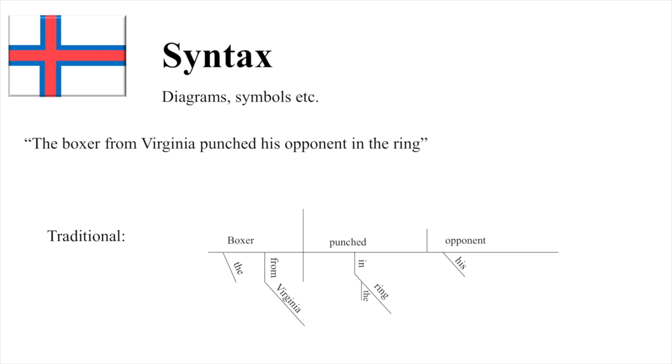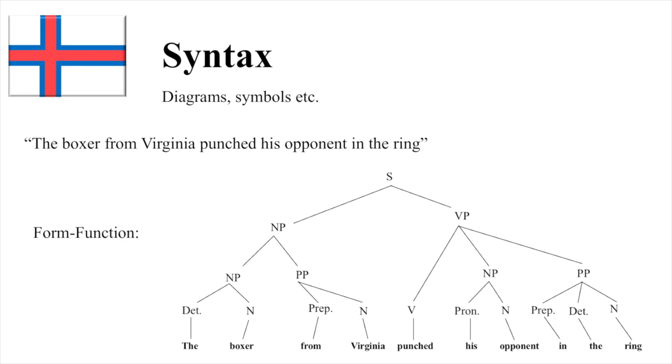So here is the traditional way. I learned this in American College. It's pretty cool. I think the second one, form function, looks even more cool. But this one is also a little bit complicated to make and time consuming. But this will be kind of like the tree diagram one.